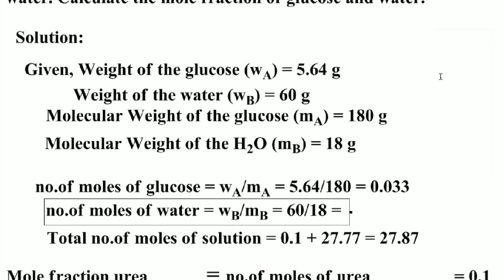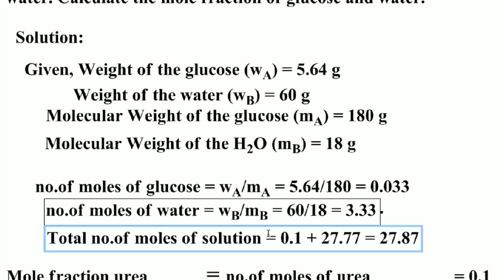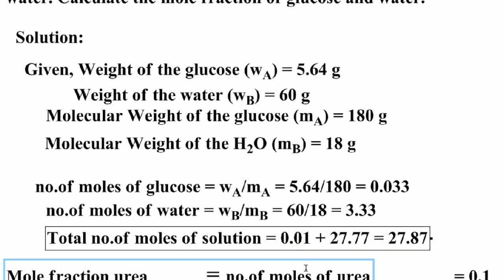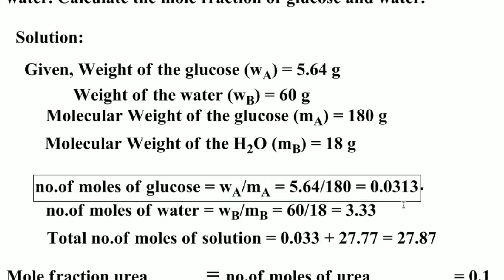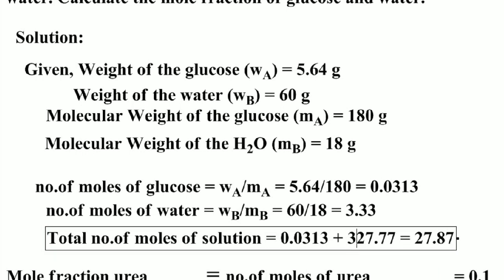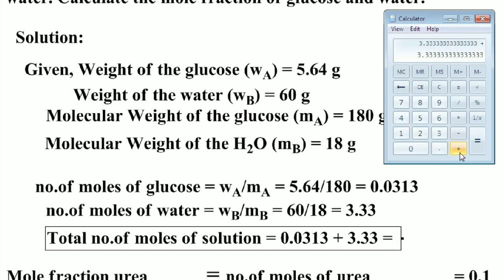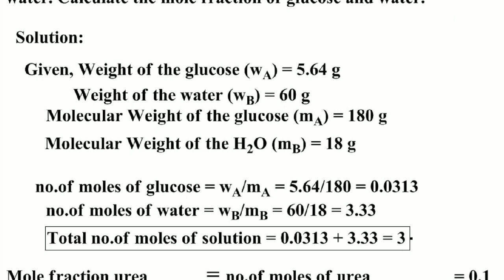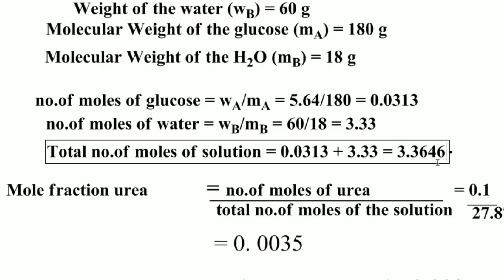60 divided by 18 is equal to 3.33. Therefore the total number of moles of solution is equal to 3.33 plus 0.0313, that equals 3.3646. The total number of moles of the solution is 3.3646.